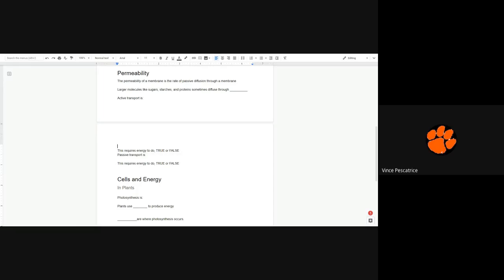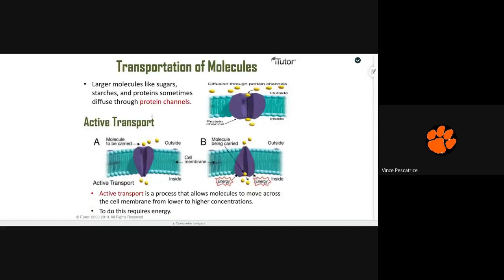Okay, so next up, we have the transport of molecules. Larger molecules like sugars and starches, we just talked about that in the warm-up, and sometimes proteins diffuse through these things called protein channels. So this is what these big blobs are in the middle of the bilayer.